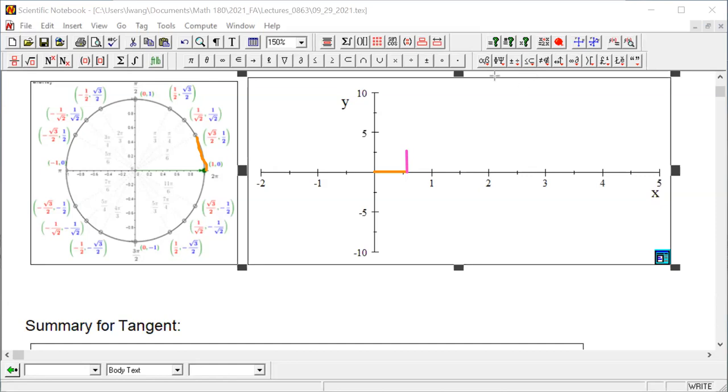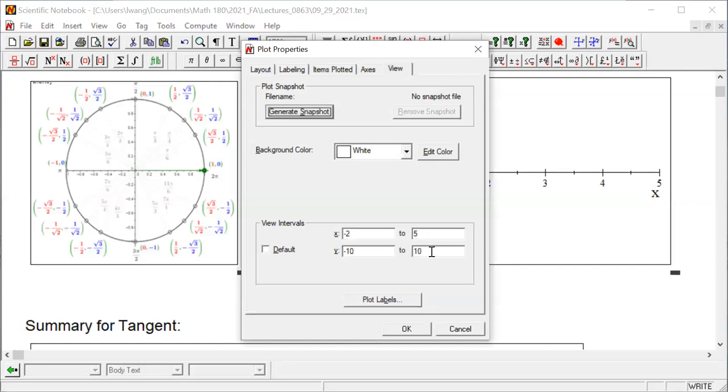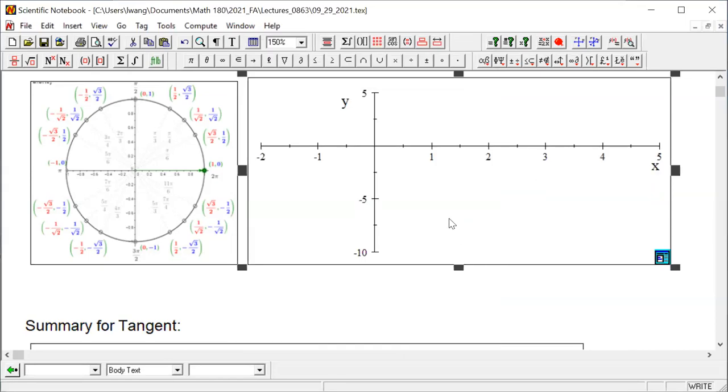So let me make just a little bit of adjustment because the scale doesn't seem right. I'm going to change the scale just a little bit, because I don't want that to bother you.